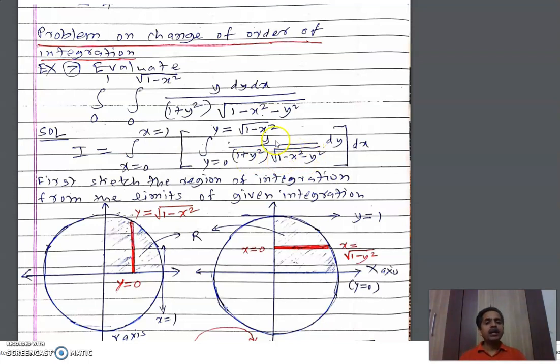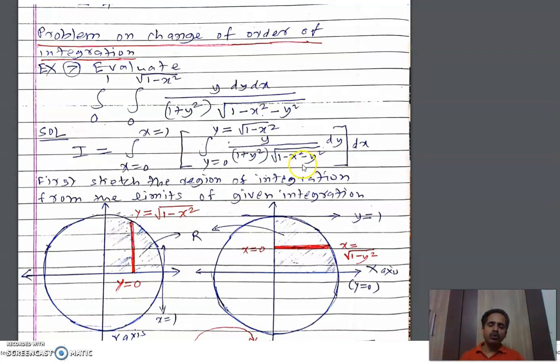Because the numerator and 1 plus y square are constant, they can be taken out and the integration becomes 1 divided by under root of constant minus x square, whose integration is standard and can be calculated very easily. In short, for this problem, integration with respect to y first is difficult, while integration with respect to x first is very easy.